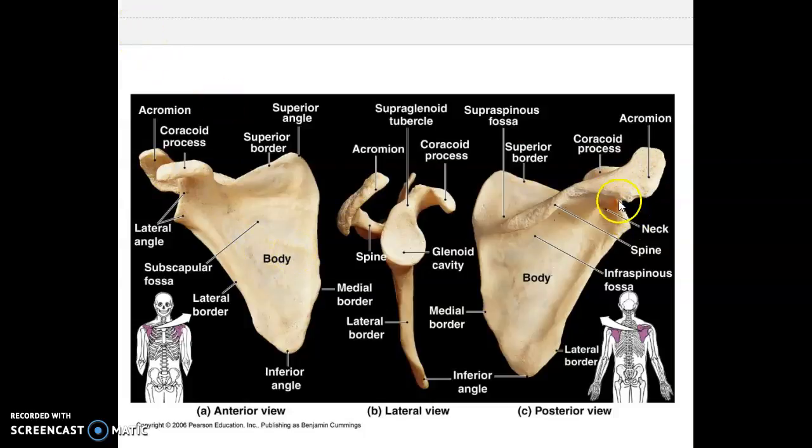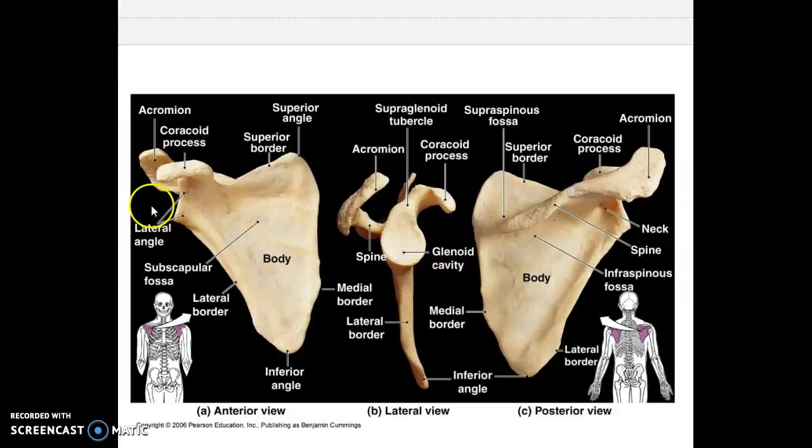Okay, this area right here, and specifically right here, if we turn it sideways, this is where the head of the humerus, your upper arm bone, fits into. This is called the glenoid cavity. It can also be called the glenoid fossa. If you've heard the term ball and socket joint, this is the socket of the ball and socket joint.